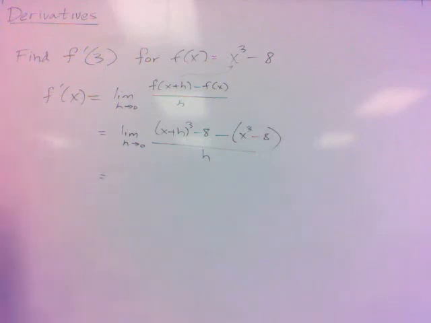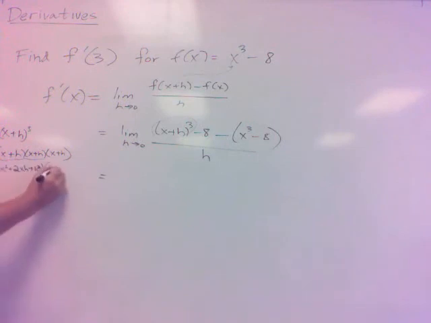Okay, how do we proceed? Probably want to go ahead and cube that out. x plus h cubed is x plus h three times. So that's x squared plus 2xh plus h squared.